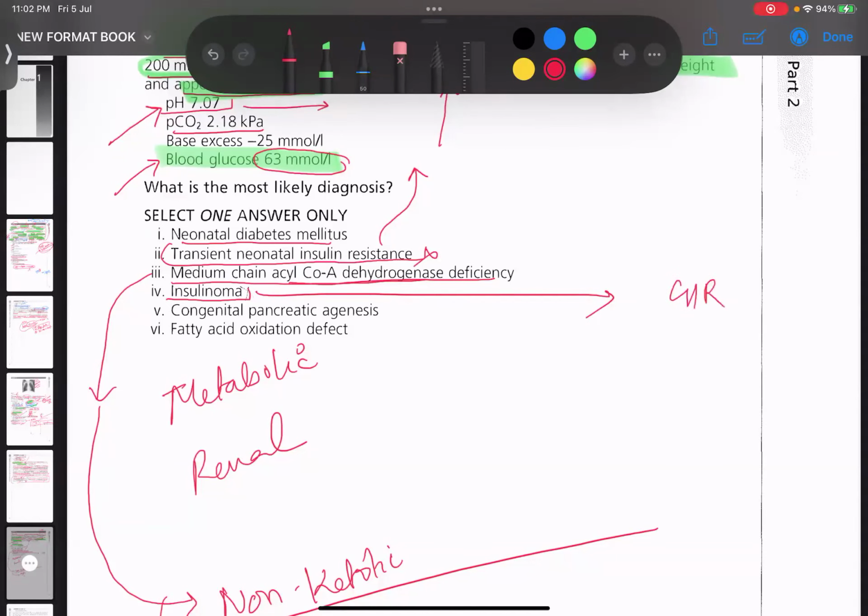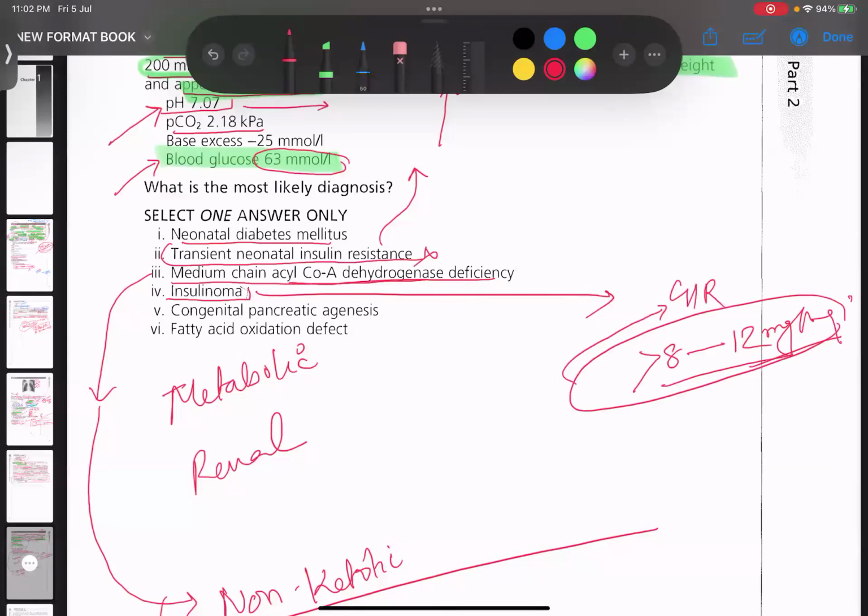If the glucose infusion rate is more than 8 to 12 milligram per kg per minute, in one book it's written 8, in another book 12, then we have to consider either insulinoma or persistent hyperinsulinism. From the history itself, they didn't give any history of repeated hypoglycemia, and the investigation finding shows the blood glucose is very high. So this is not working.